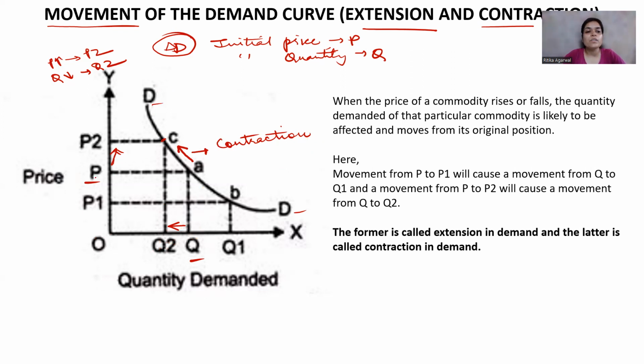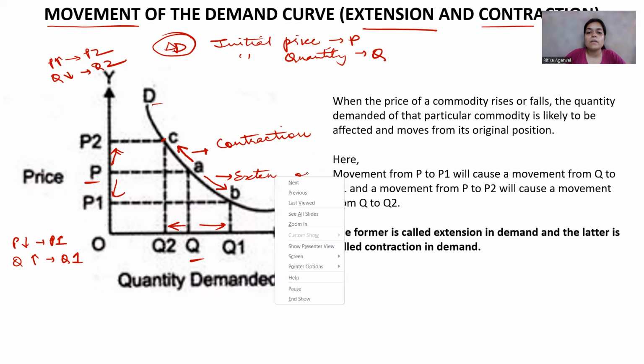Now, considering the opposite case, suppose the initial price reduced from P to P1. The corresponding quantity will obviously increase from Q to Q1. So we can see that there is a movement from point A to point B. This is called extension. Now, why is this called extension?